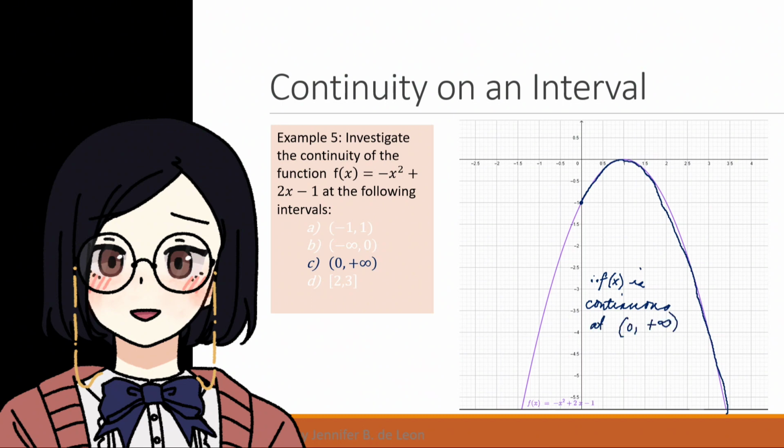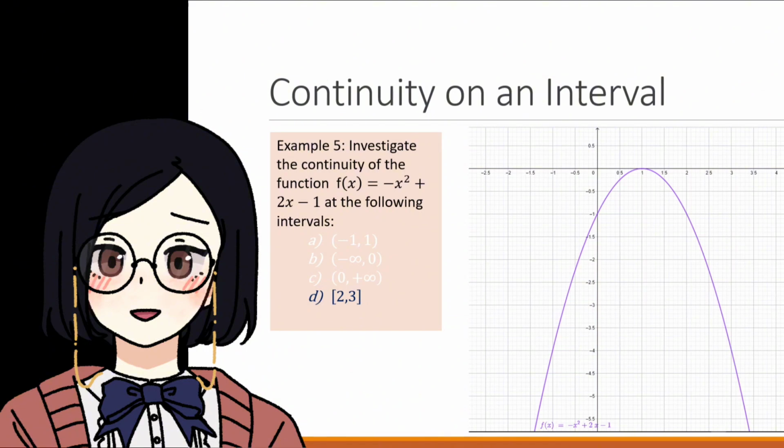Now, what about the closed interval from 2 to 3? We plot these points, 2 and 3. So we check whether the graph is continuous from the right of 2.